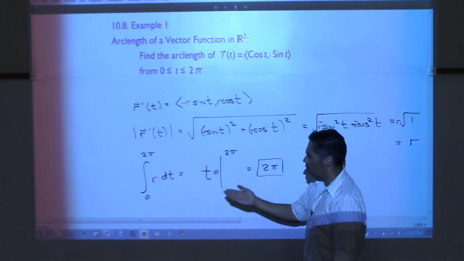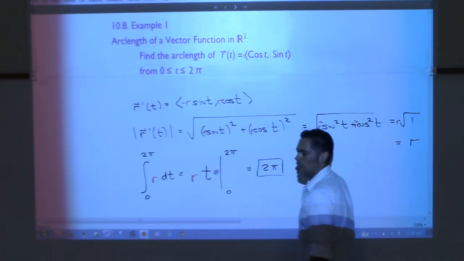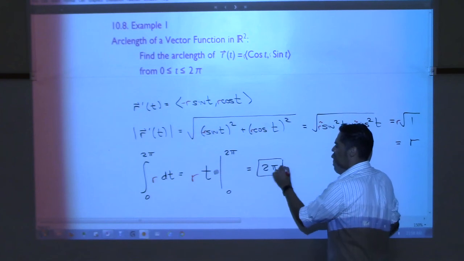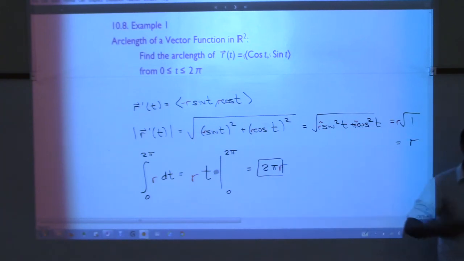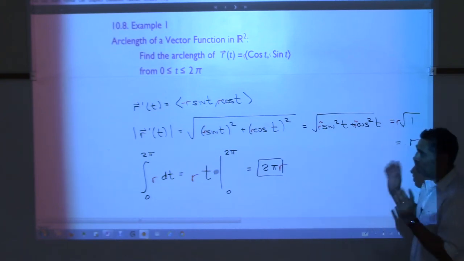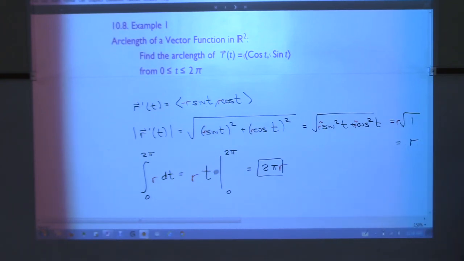The antiderivative of r with respect to t is rt. And then when you plug in 2 pi, you get 2 pi r. And there's your general formula. So it's super clean. Trust me, if you go back and look at your notes and what it took for us to prove that in Cal 2, it was, I'm not going to say it was monumental, but it was a lot of work. With the vector function concept, you can do this a lot easier.